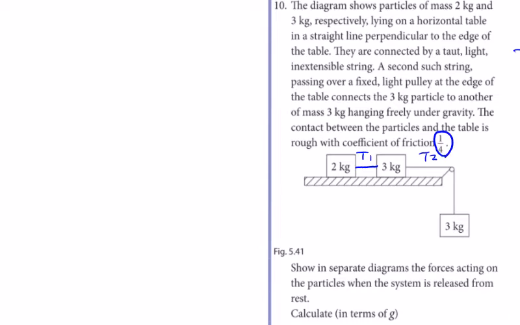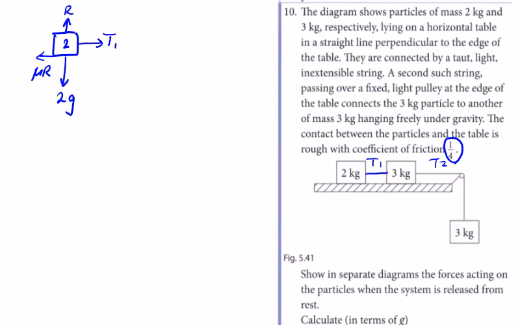Okay, let's look at our diagrams. Let's start with the 2 kilo. So there is mu R, we have mg, and we have a string which we called T1, and we can say it's going in this direction.